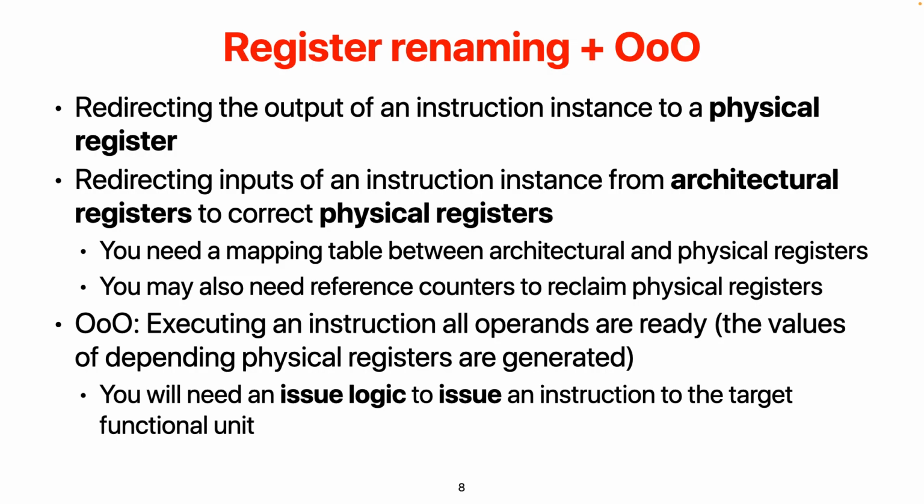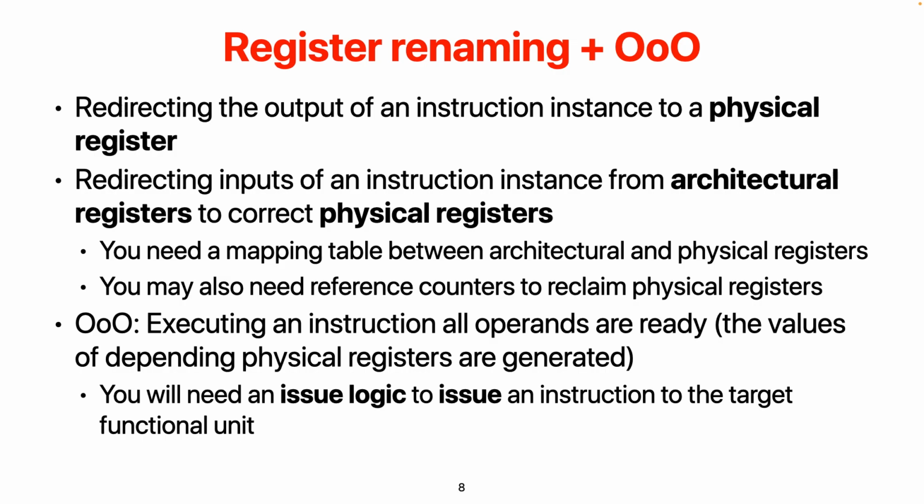The idea of register renaming is that if we want to get rid of false dependencies, all we need to do is, for each instruction that generates an output, give it a new register or temporary storage for that output. The places where we store those temporary outputs are called physical registers.